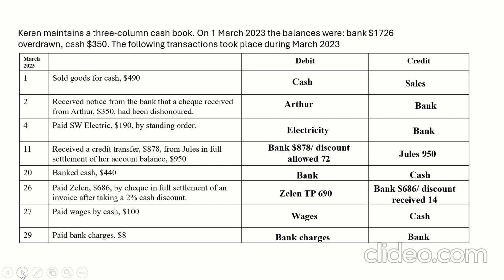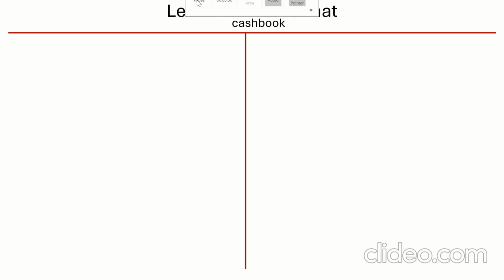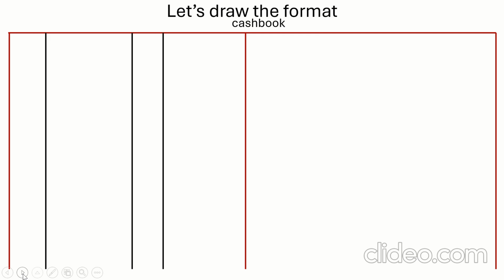Now let's see how to post the entries of each one of these transactions into a cash book. First, let's draw the format of a cash book. So draw the middle line first, followed by date, details, discount, cash and bank columns.